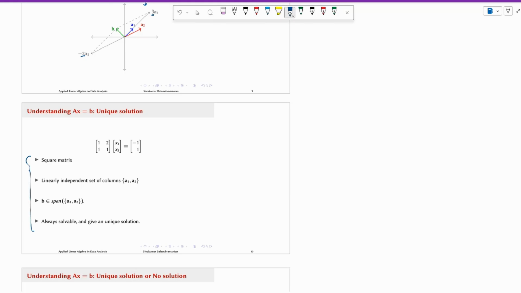When A is square, okay, and when the columns a1 and a2, or in general all the columns of A, if you make a set out of the columns of A, then that set is linearly independent. That's the second condition. Third condition is b should be in the span of the set of columns of A.